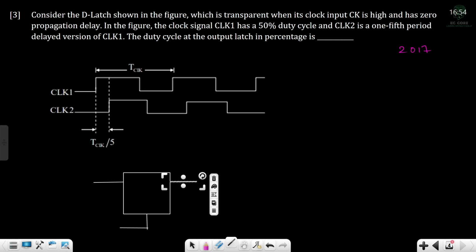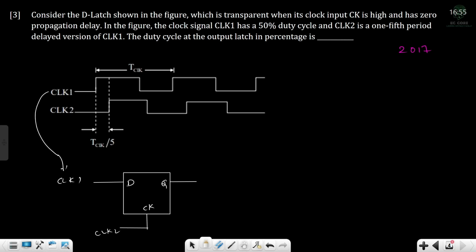This is a D latch, with the D input and this one is Q. The input clock is represented at CK. This will be my CLK2, and this will be my CLK1. I am giving this waveform here, and this waveform here.